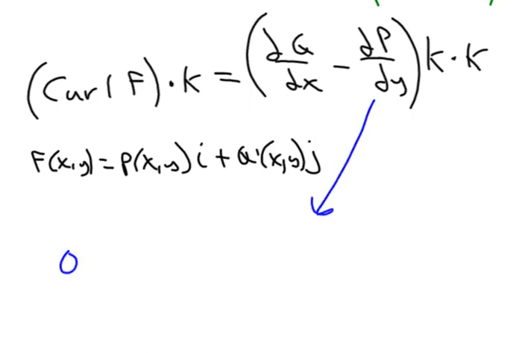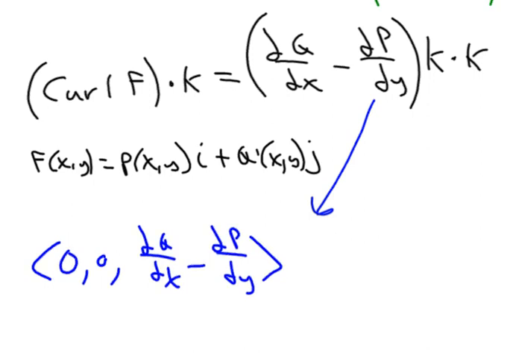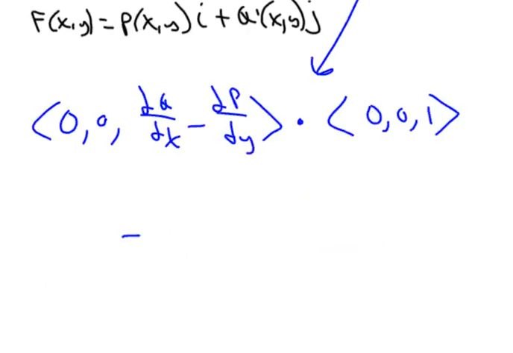The first vector looks like this: 0, 0, and then partial q partial x minus partial p partial y. Sometimes it's just easier to write this out. If you see this right away, then I'm sorry if you haven't. Dotted with the vector 0, 0, 1 is just the scalar quantity, partial q partial x minus partial p partial y.